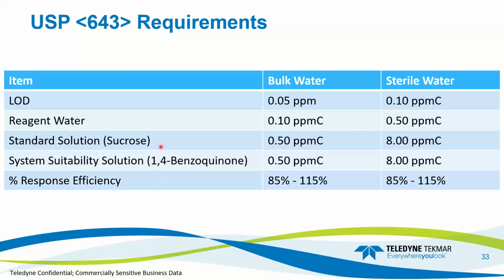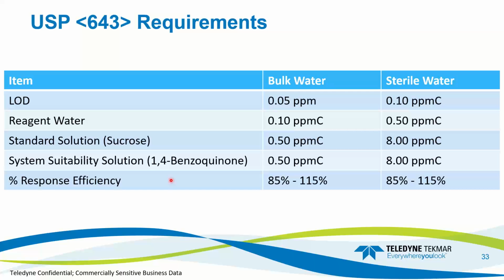For standard solutions, sucrose is a big proponent of the USP 643 requirements, and 1,4-benzoquinone is also a big requirement for that testing. So bulk water is half a ppm, or 0.5 ppm of carbon. But if we look at sterile water, it's increased up to 8 ppm of carbon.